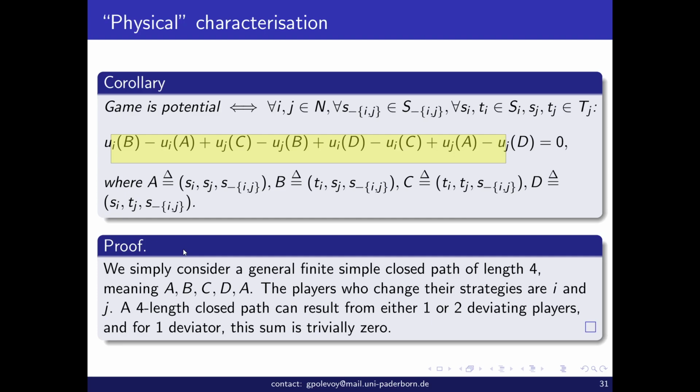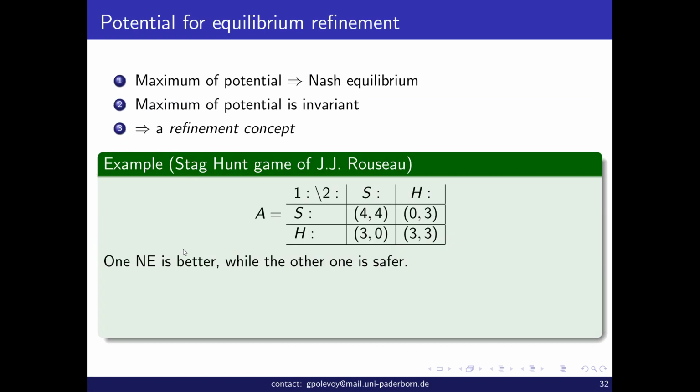Okay, so we are done with the physical characterization, and now let us move to the last point about potential games, which is using potential as a refinement of the Nash equilibrium. So we have said that being a point in the strategy space which maximizes the potential means that that point also is a Nash equilibrium.